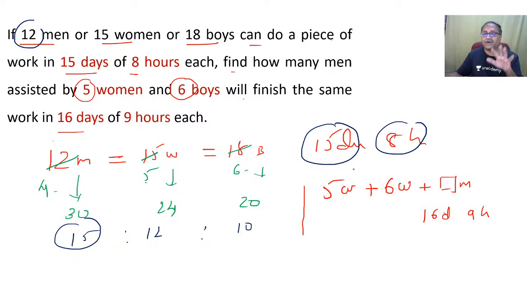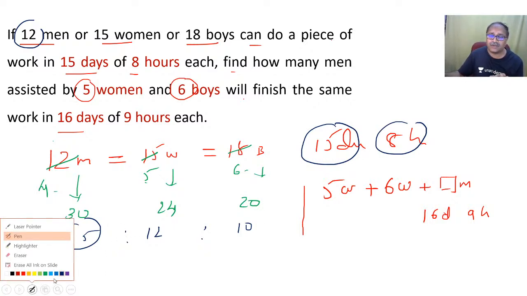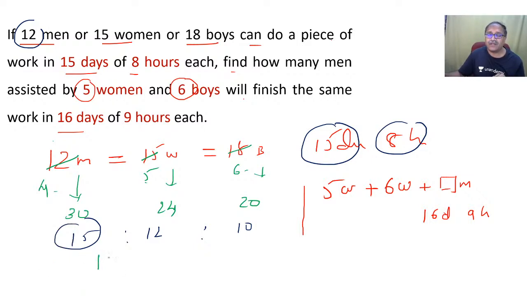So the work volume will be, I'll change the color of the pen so that you can clearly understand, 12 into 15, where 12 is the number of men and 15 is the efficiency of each man, into 15 into 8. That's the total work, which should be equal to the total work on the other side.